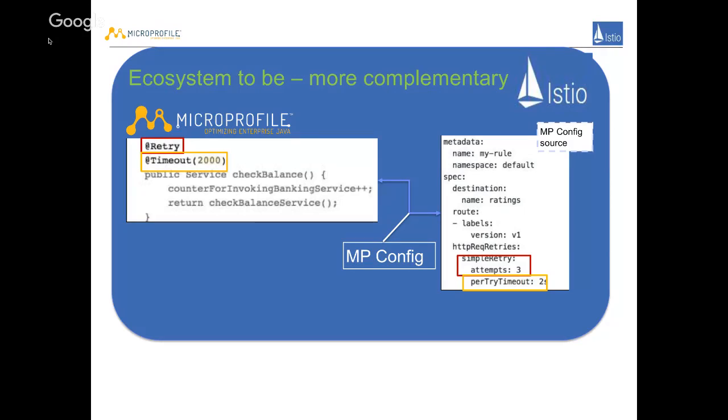Some people complain it's difficult to do the Istio rules, and we are trying to prototype to see if, when you're writing your microservice using MicroProfile Fault Tolerance, maybe we can directly create Istio config rules, mapping them directly.